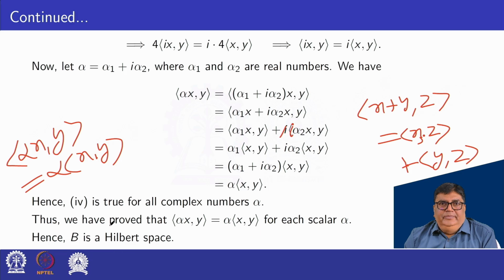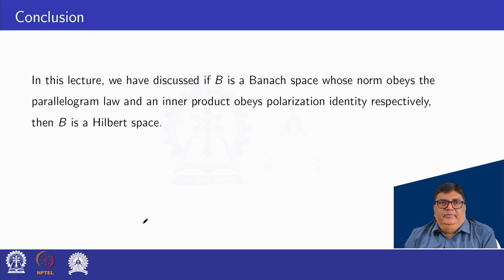So B is a complete inner product space, that is, a Hilbert space. In this lecture, we have discussed that if B is a Banach space whose norm obeys the parallelogram law and inner product obeys the polarization identity respectively, then B is a Hilbert space.